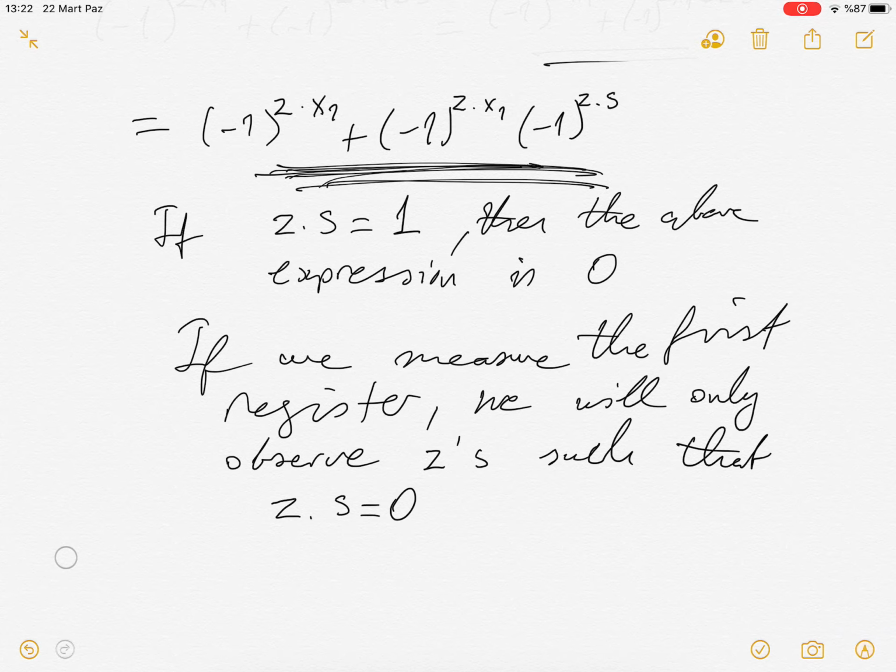So we will only get to observe such z values which are orthogonal to s, right?